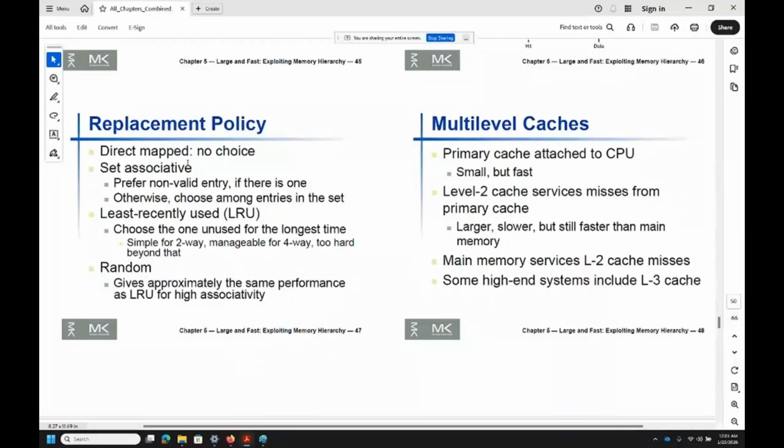So you use LRU, least recently used. Which of the numbers has been accessed less recently? You choose that. The problem with LRU is you have to figure out which data was accessed when, and building the tracking is not easy.